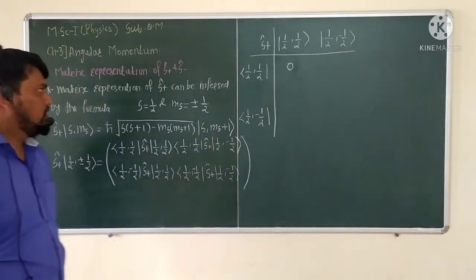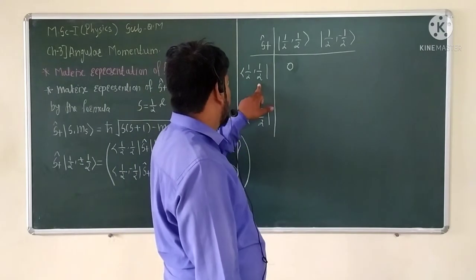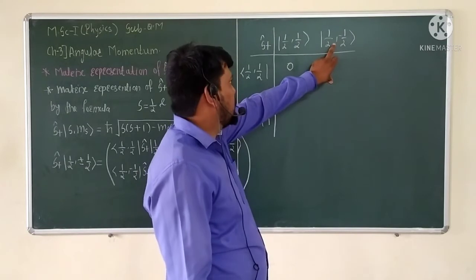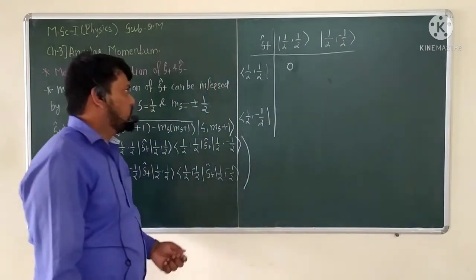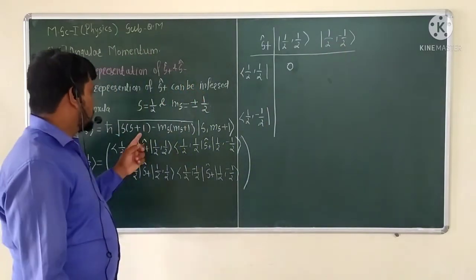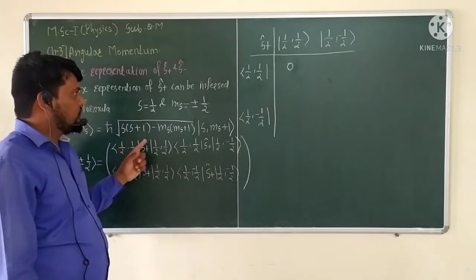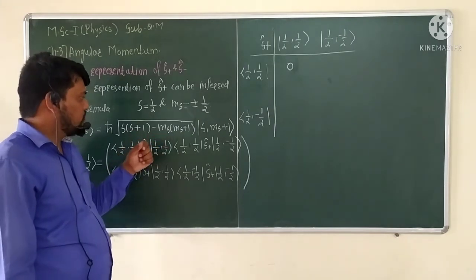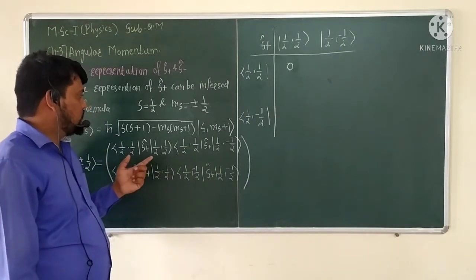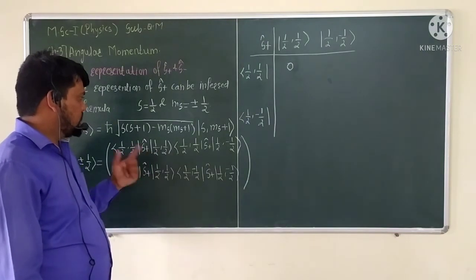Again, the combination of the bra of half, half with the S plus operator operating on the ket of half, minus half. The spin value is half and the ms value is minus half. Putting in the values, half into half plus 1 is 3 by 4, and minus half into minus half plus 1, which is 1 by 2, gives minus 1 by 2 into 1 by 2, which is minus 1 by 4.